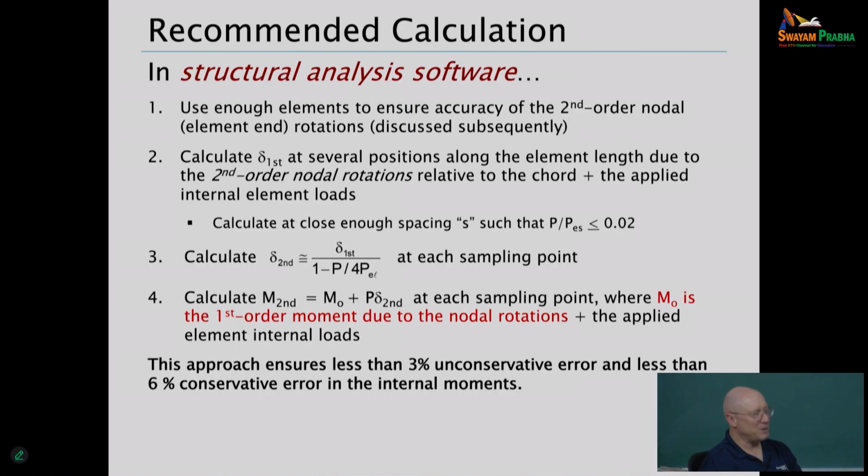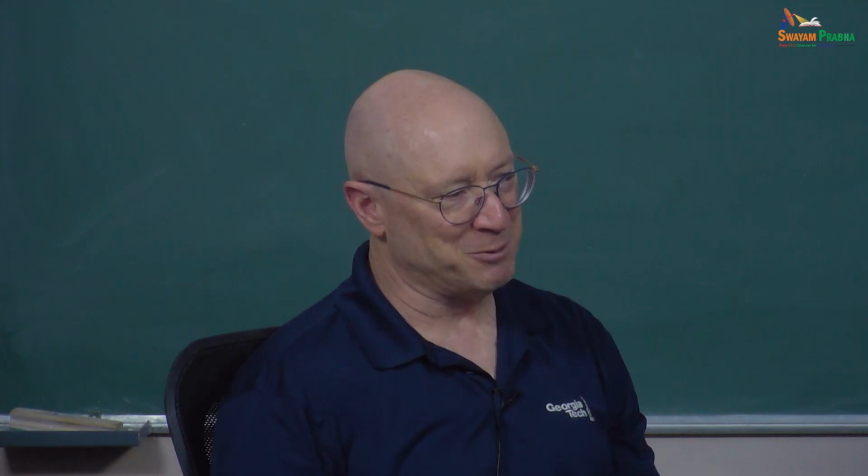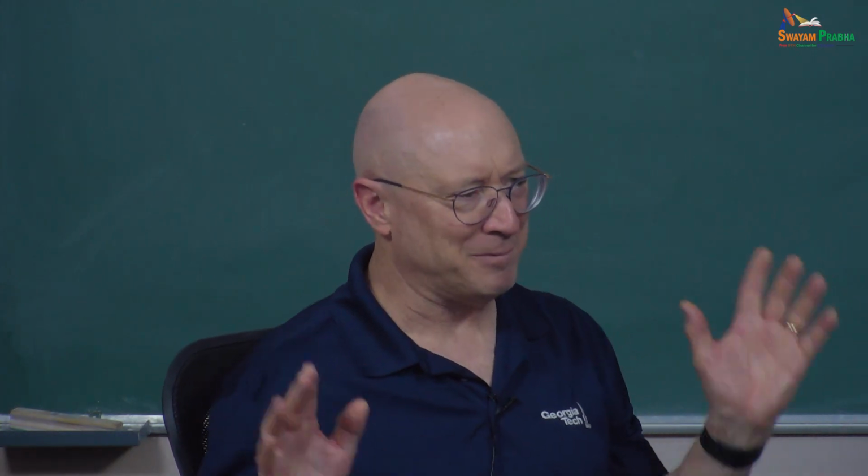And we'll see that in many situations, it's still good enough because we're going to use enough elements where it's not a problem. If you look at any software I know of, when they draw a moment diagram or give you moments at a given location, it can be accurate second order moments at the nodes, but between the nodes, they're not including any P-small delta. And it's not necessarily a problem.